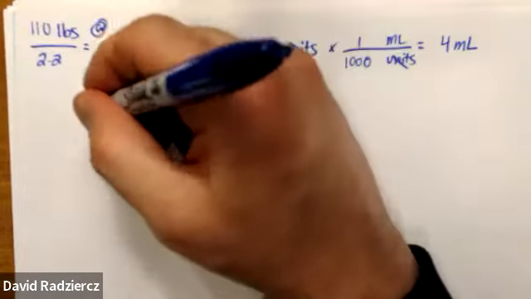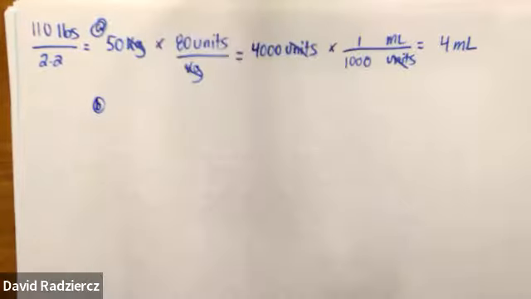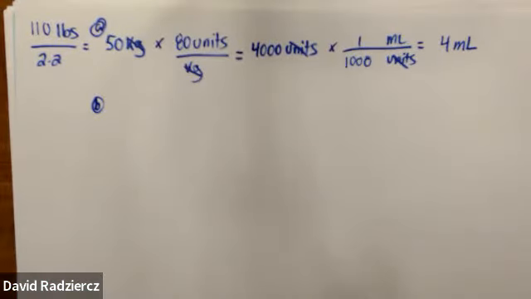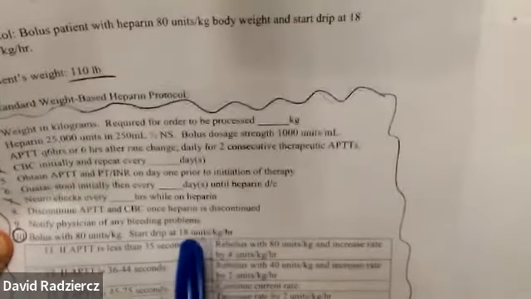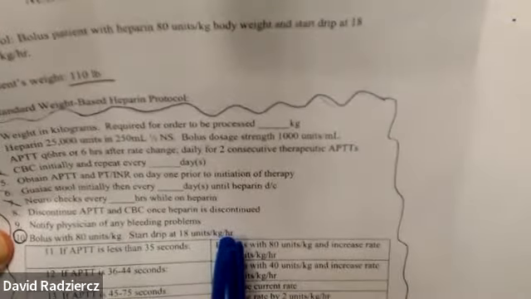Part B says we want to know the milliliters per hour, the flow rate. It says to calculate the infusion rate in milliliters per hour for the heparin IV drip. I still have my patient that's 50 kilograms. We did the bolus already. The next thing is to start a drip at 18 units per kilogram per hour.